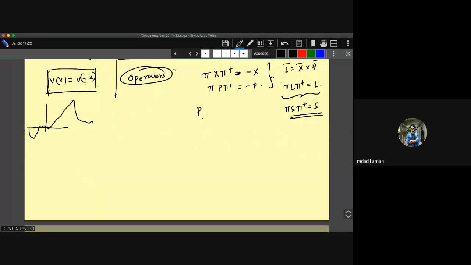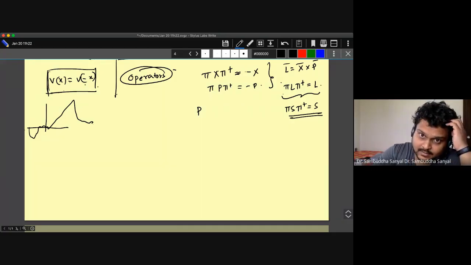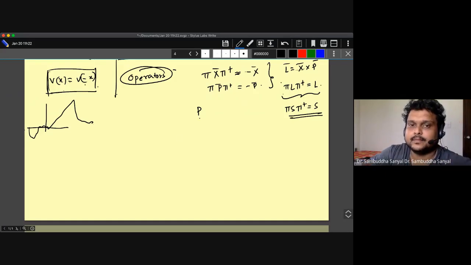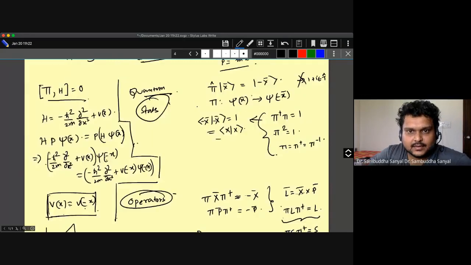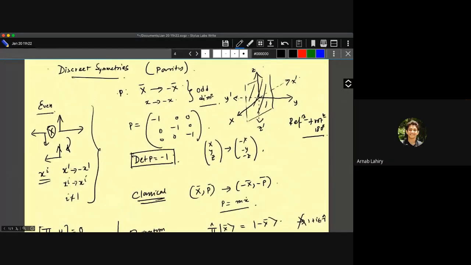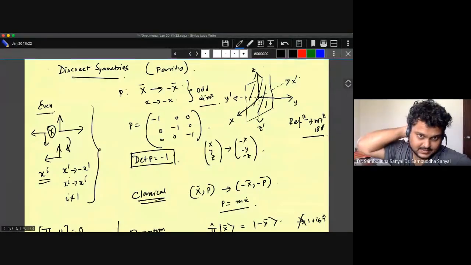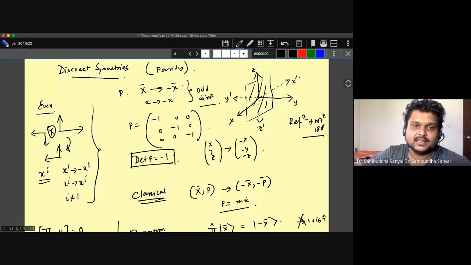Ved is asking what is the difference between pi and p? P is momentum, pi is parity. Okay, so now we use some weird. Oh yeah, I can see the problem. The reason for the confusion is this P I used here is for classical parity.